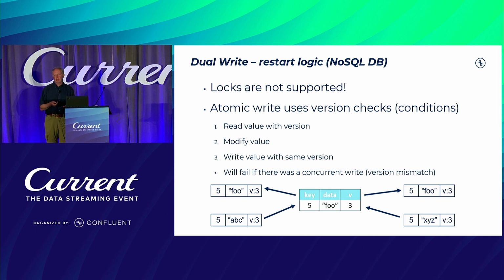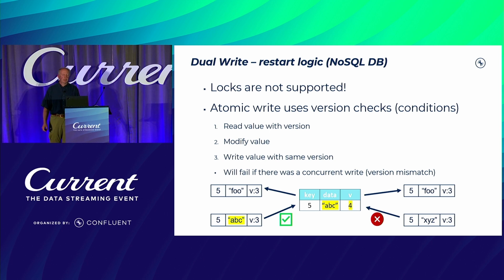Here we have two concurrent writes going on. They both read the same value, and one of the writers wants to change this value to ABC, the other one wants to change it to XYZ. Obviously, to maintain atomicity, only one of them should be able to succeed.